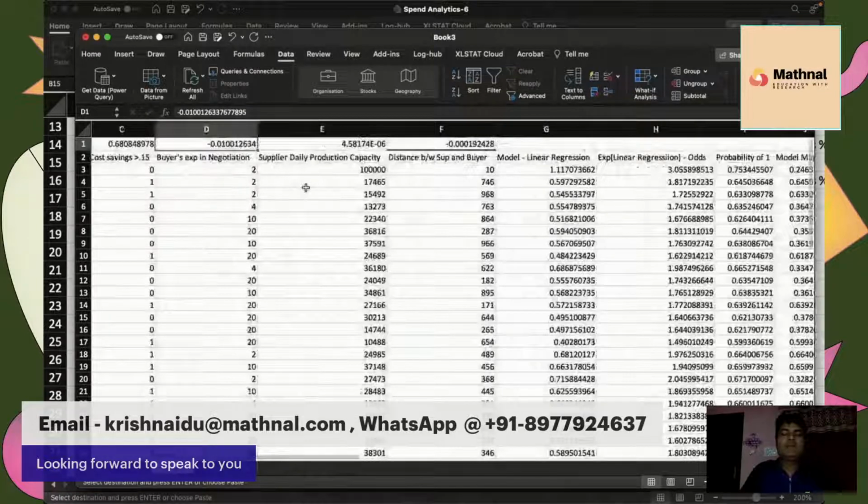See, as the experience is increasing, the probability of cost savings is decreasing. The probability of cost savings more than 15% is decreasing. This is for the buyer's experience. Let's see the same thing with the supplier daily production capacity. Same thing I will do here. I'll just make the ascending order and build a chart between these two layers.